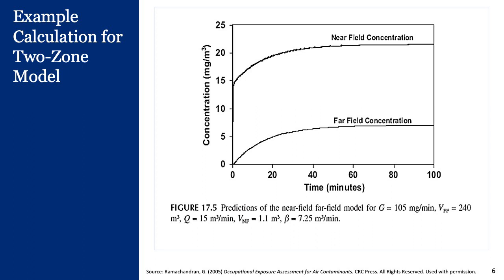And so we'll get a near field concentration somewhere around 22 milligrams per cubic meter. We also can see that the near field concentration in the very beginning, at time t close to 0, has an initial sharp jump, and then it starts increasing. But the same thing is not true for the far field, where you have a more gradual increase. But the rates at which these two concentrations increase are given by lambda 1 and lambda 2.